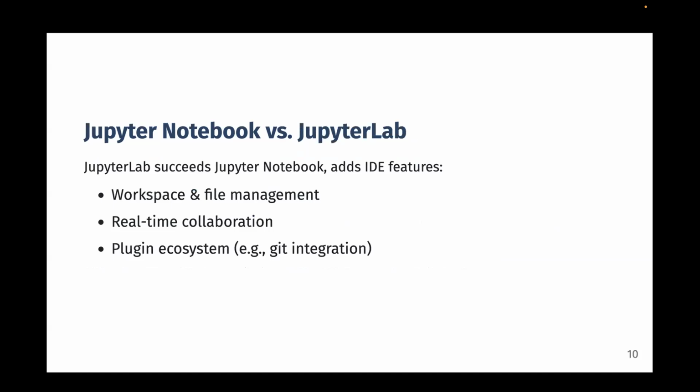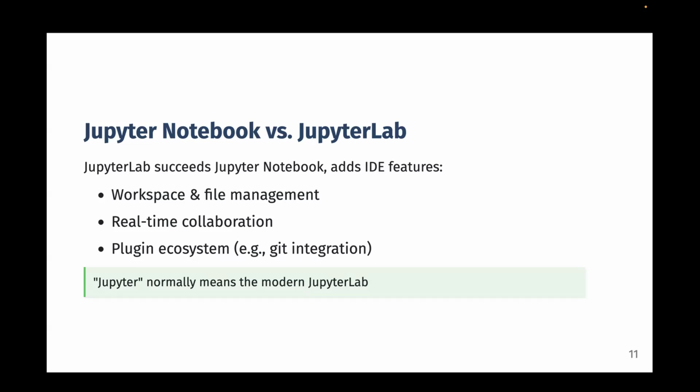So another distinction which often causes confusion with people is the difference between Jupyter Notebook and JupyterLab. These are essentially applications which serve the same purpose, but JupyterLab is the more modern successor to Jupyter Notebook. And I would say in general, if someone says Jupyter, they're normally referring to the more modern JupyterLab.